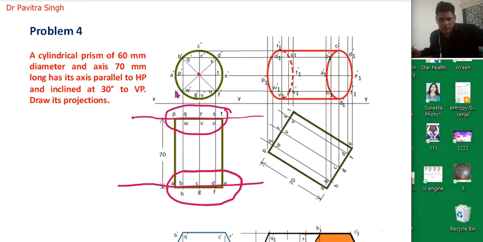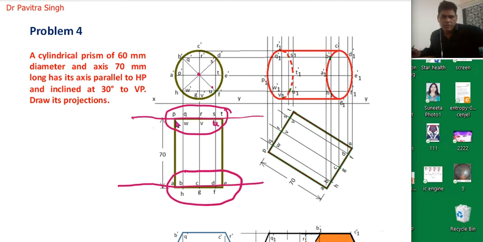Suppose we are drawing this surface first, so we will draw a vertical line from point P dash, so we will get this point P, a vertical line from Q dash, this point Q, a vertical line from point R dash, this will be point R, from S dash this will be point S, from T dash this will be point T, from U dash this will be point U, from V dash this will be point V, and from W dash this will be W. So points Q and W will be on this location, R and V will be on this location, S and U will be on this location, and T will be here.